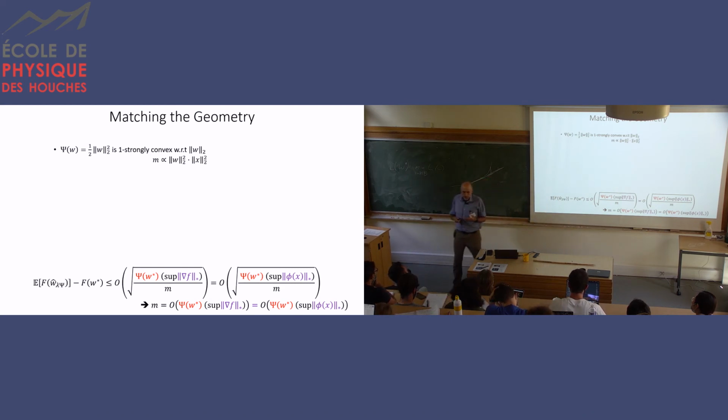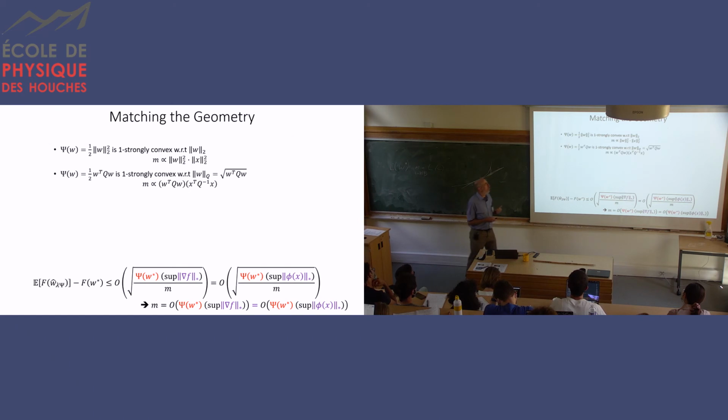But now maybe our data is not actually bounded in the Euclidean norm, or alternatively, we don't expect our predictors to have small Euclidean norm. We expect them to have some other norm. One easy choice to understand is, instead of the Euclidean norm, to look at some other quadratic norm.